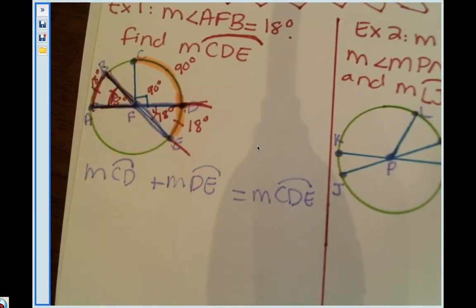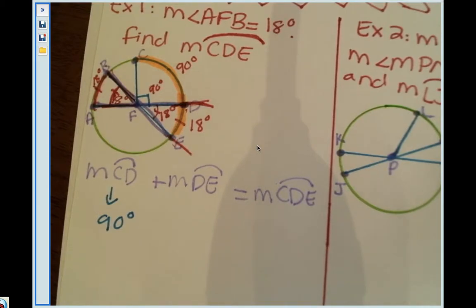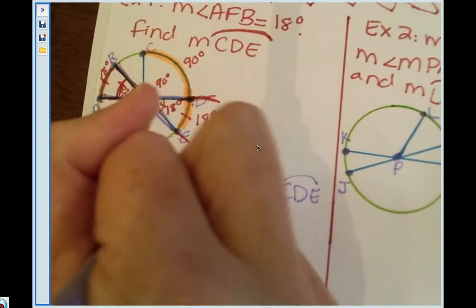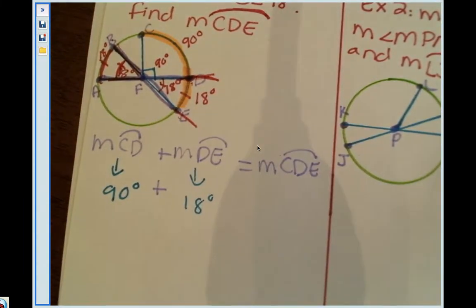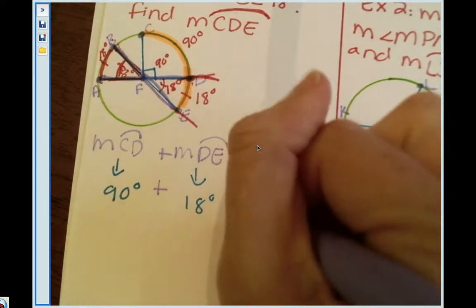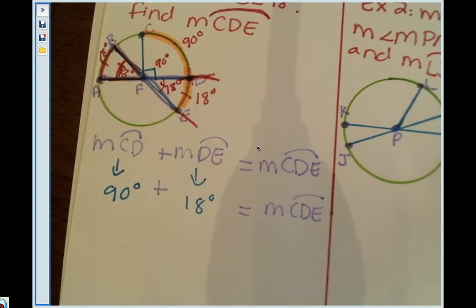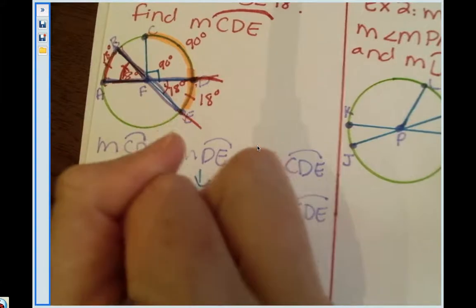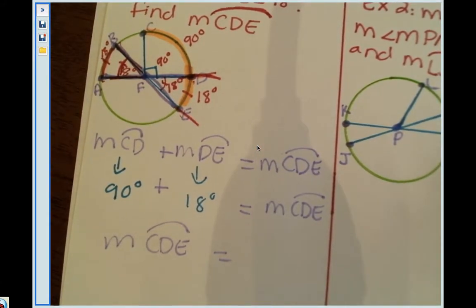So CD is 90 degrees, plus DE, which is 18 degrees, equals the measure of CDE. So the measure of CDE equals 90 plus 18, which is going to give me 108 degrees.